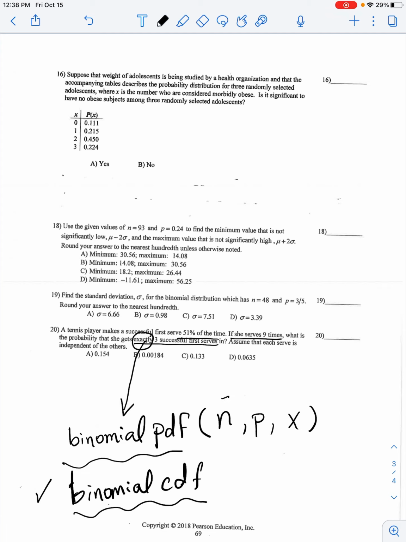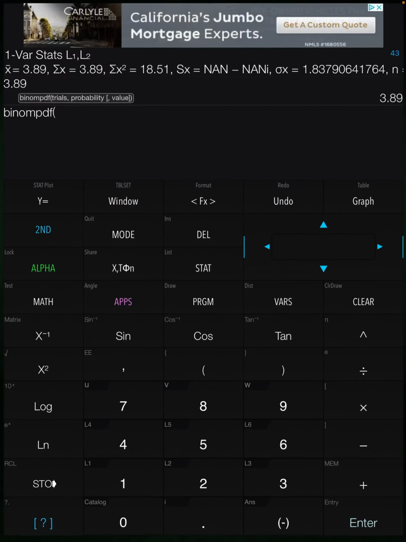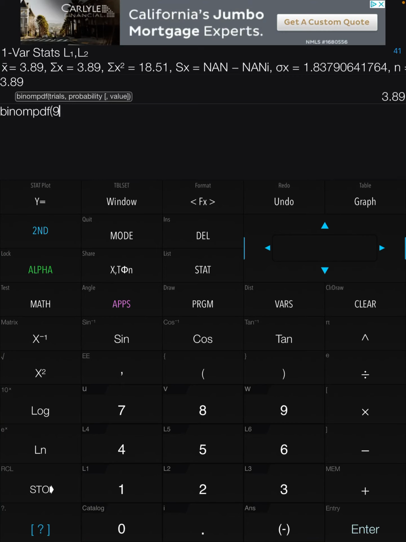You said 9 times with the probability of 51%, and then exactly 3. So what you need to put in the calculator is 9, comma, 0.51, comma, and then exactly 3. And then you press enter.